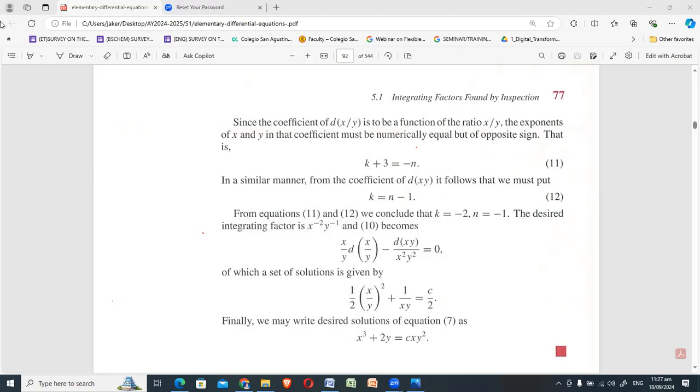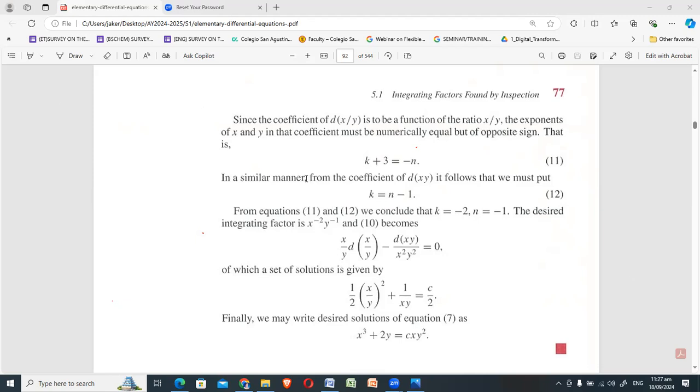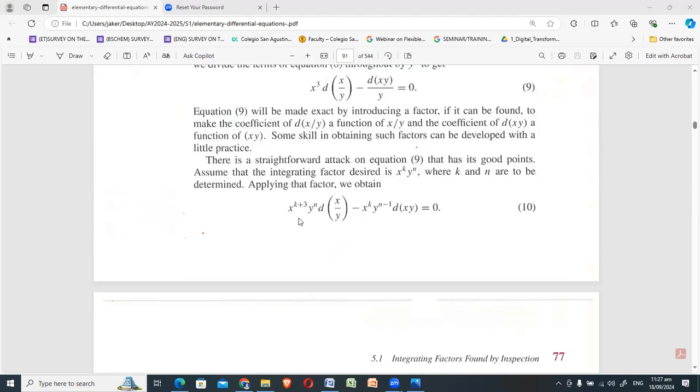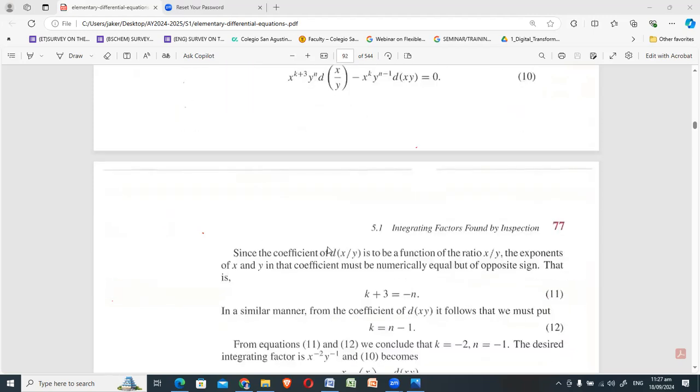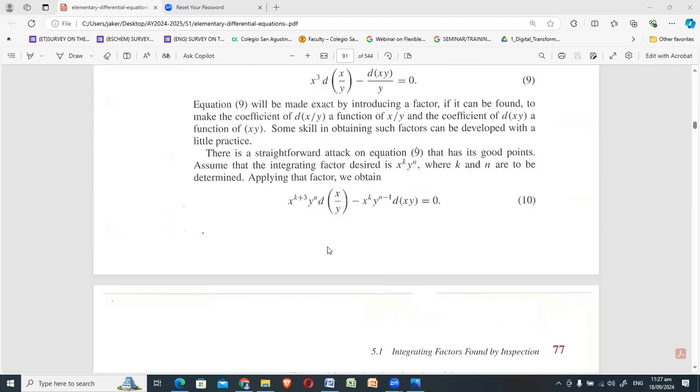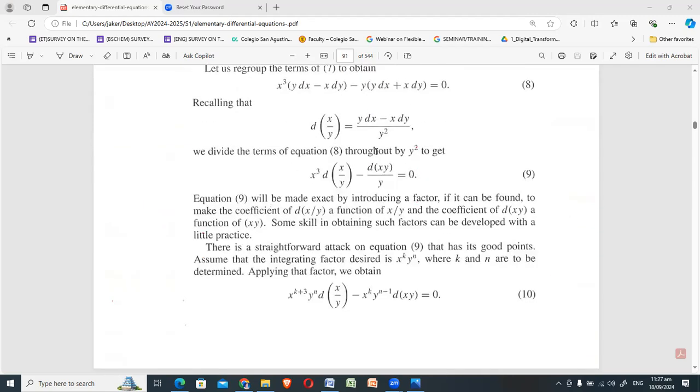What does that mean? This means that your multiplier for your DE, the DE that we have here, let me just go up. Your multiplier for this DE in equation 10, if you may take a screenshot of that, if you're following this through your notes, should be multiplied to, or not that one, this one, equation 9 rather.